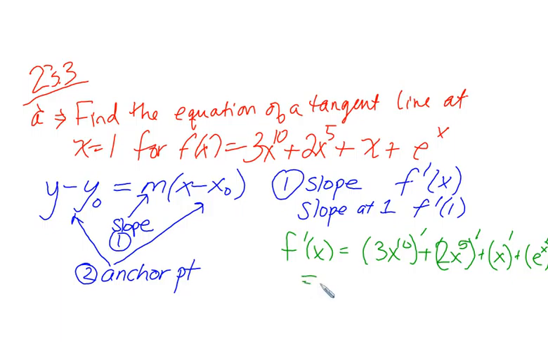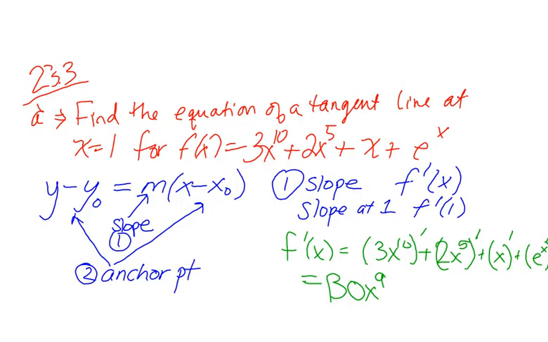What's the derivative of 3x to the 10th? 30x to the 9th. Great. That's not a beta, that's a 30. What is the derivative of 2x to the 5th? 10x to the 4th.